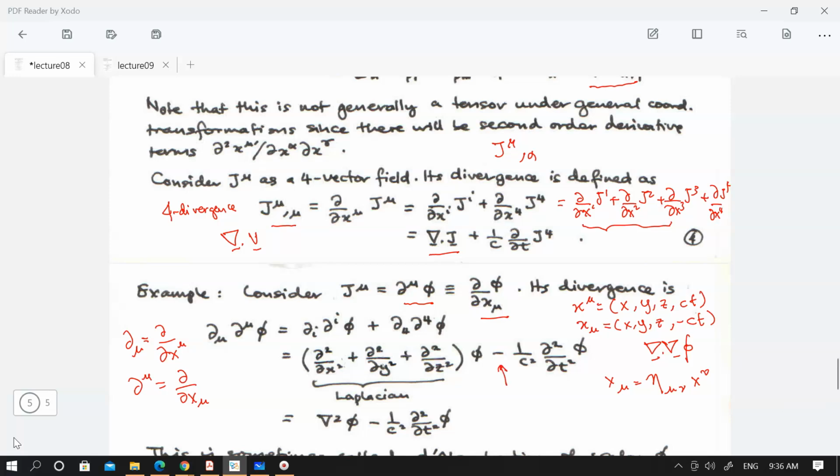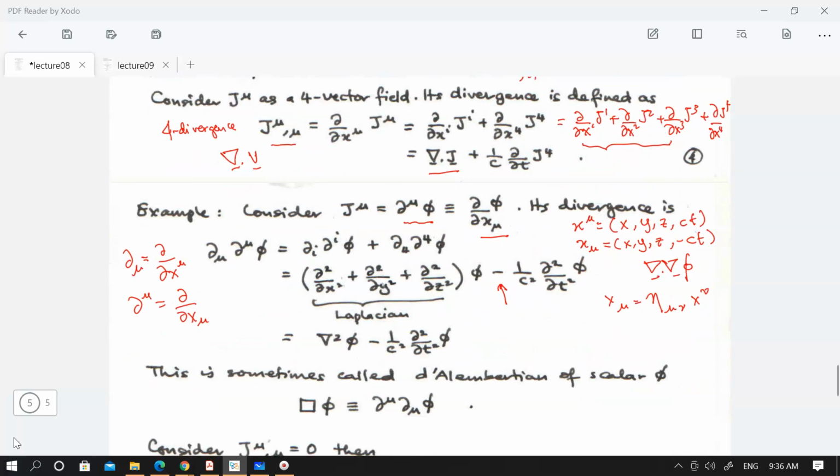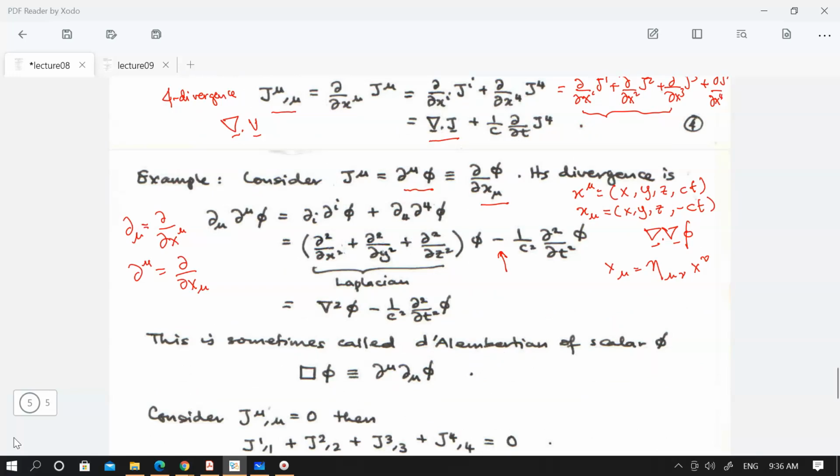So you have your Laplacian acting on your phi plus the second order time derivative multiplied by 1 over c squared acting on phi, and remember this appears as a wave equation. If this is equal to 0, then essentially this is a wave equation of some function that travels at the speed of light.